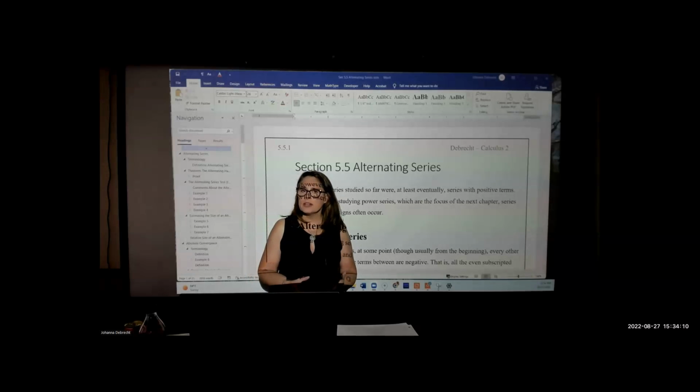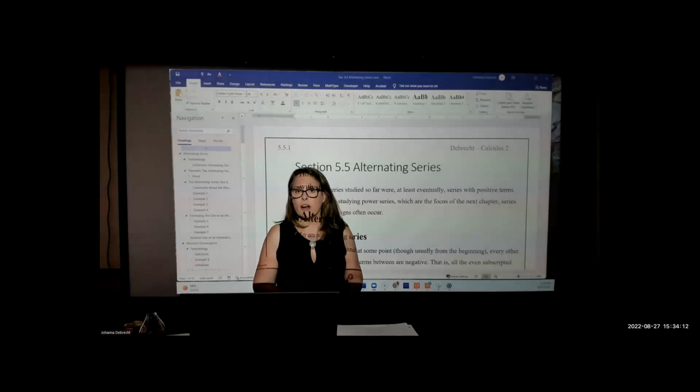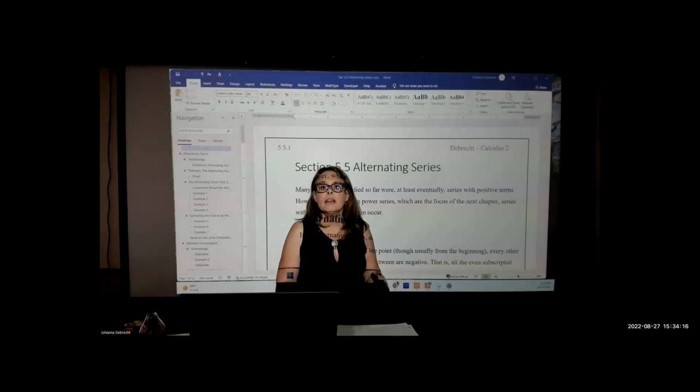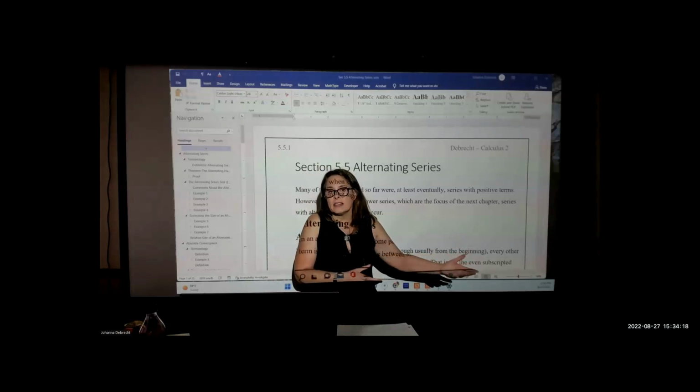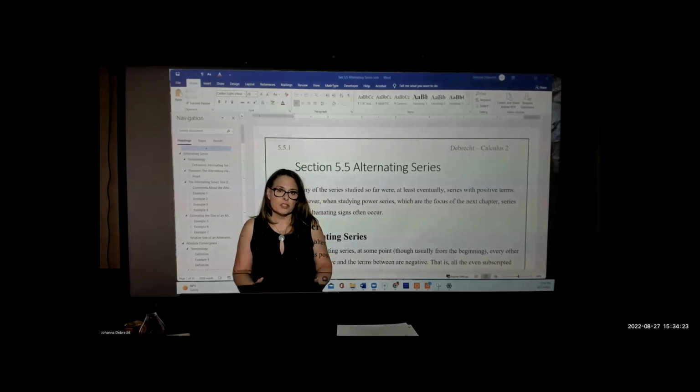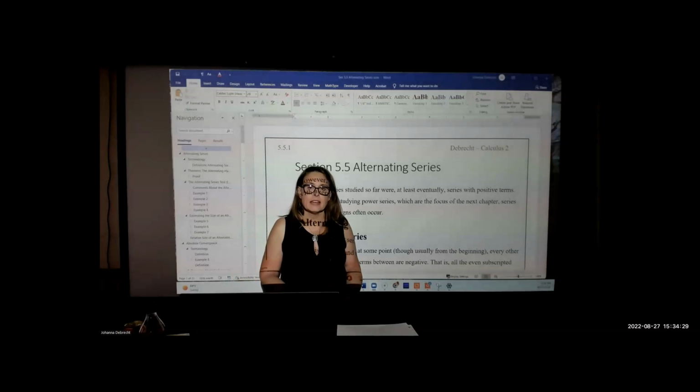Now, most of the series that we've been talking about so far had terms in the sequence that were eventually non-negative or positive. Now, this wasn't always the case. We saw with the convergence test that it did not require that the terms of the sequence eventually be positive or non-negative.